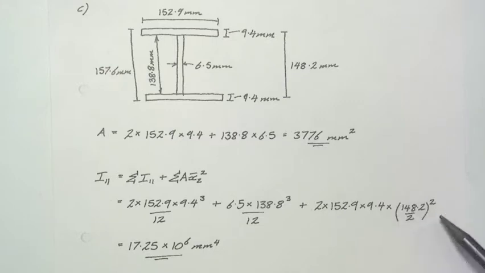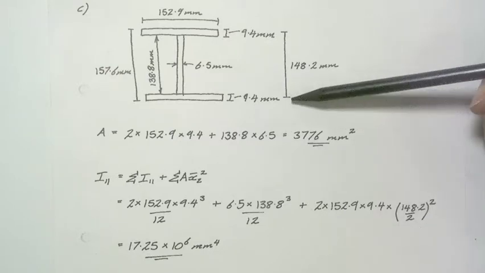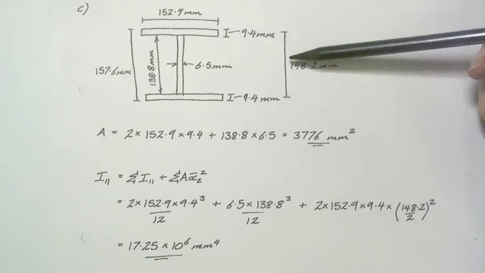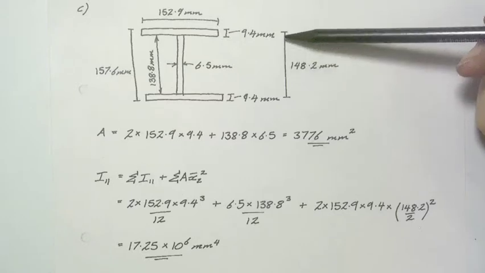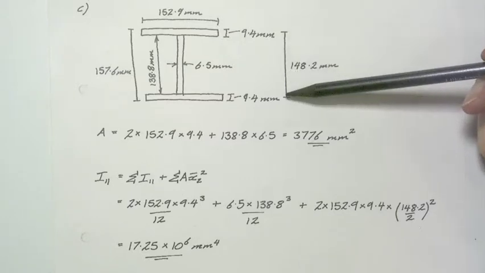What I've done here is I've taken my centerline distance, and I simply divide by 2 to go from the centroid, which will be here height-wise, up or down to the respective flanges.